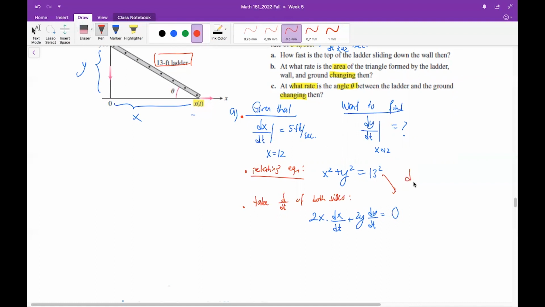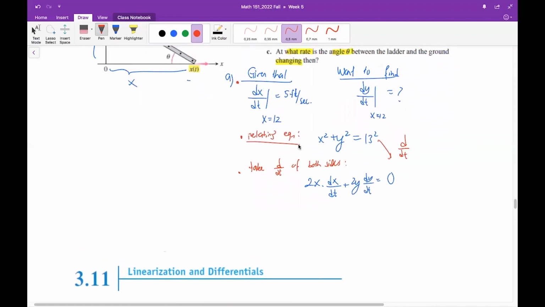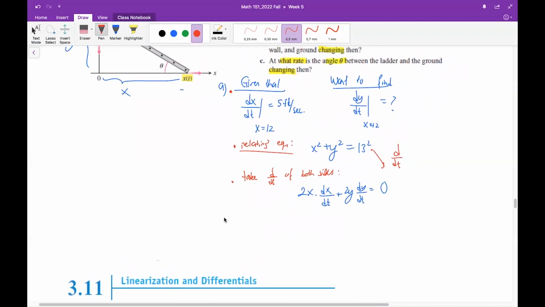Okay, now it is time to insert the given known values to your equation. At the moment when x is 12, so let's try to insert this particular moment.